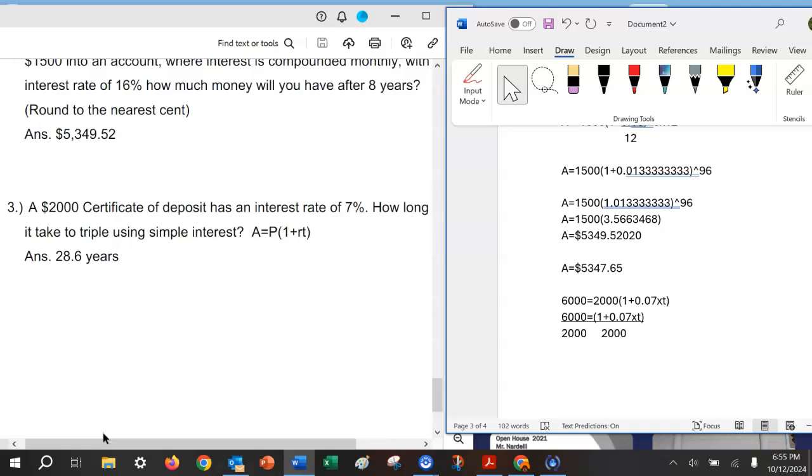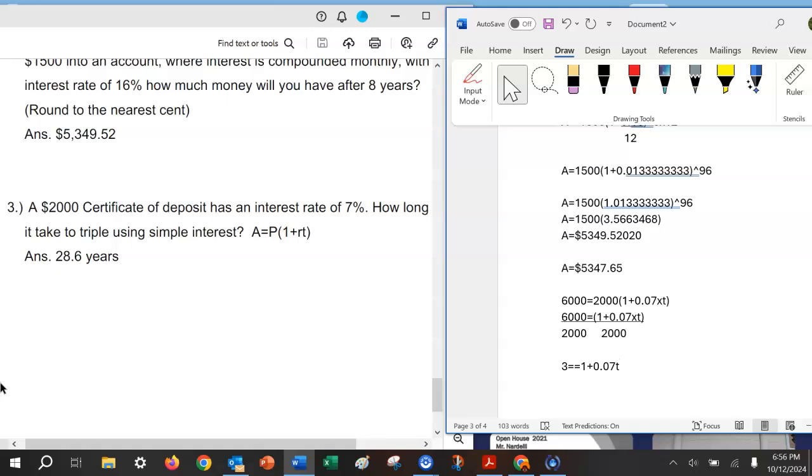So I got 6,000 divided by 2,000. That's basically 3. Equals, and I can take away my parentheses. 1 plus 0.07. And I'm going to put t because I really don't need the times t. Okay, now, and I've got 2 equal signs.